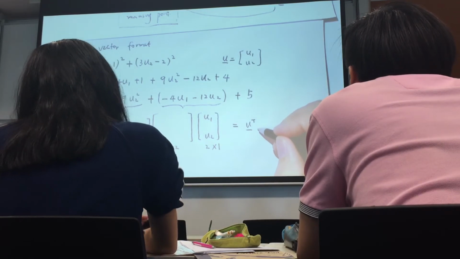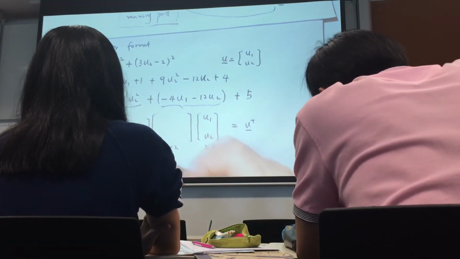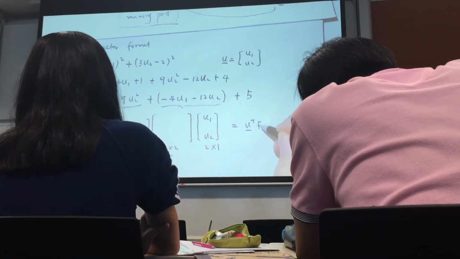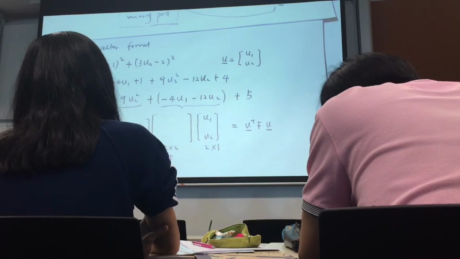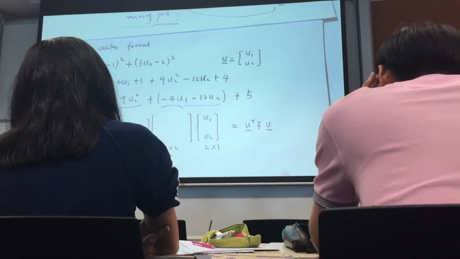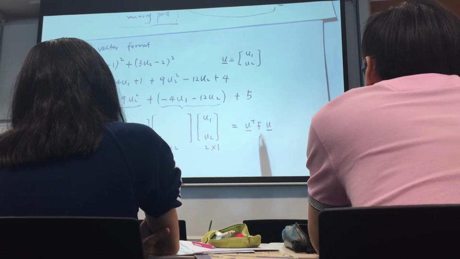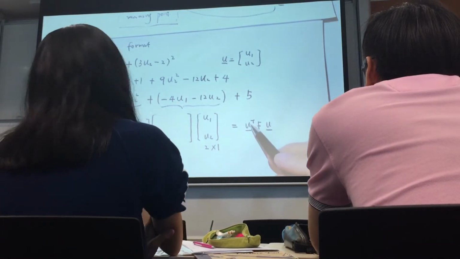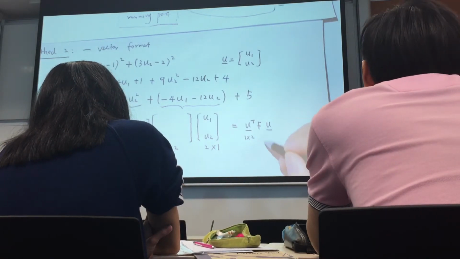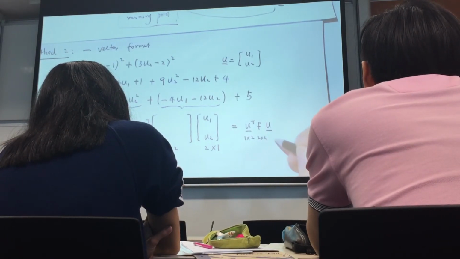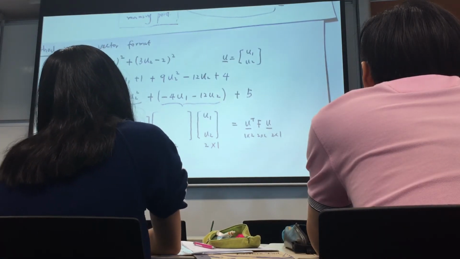For example, I define this matrix to be F. So u transpose multiplied by F multiplied by u. You may notice the dimension: this u transpose is 1 by 2, this F is 2 by 2, and this u is 2 by 1. This is the dimension.